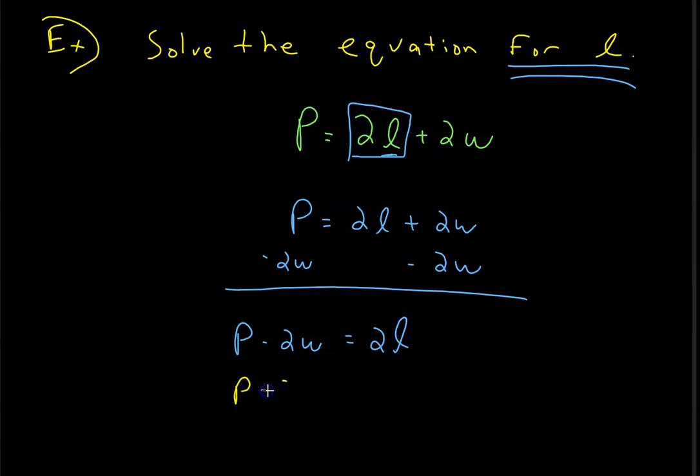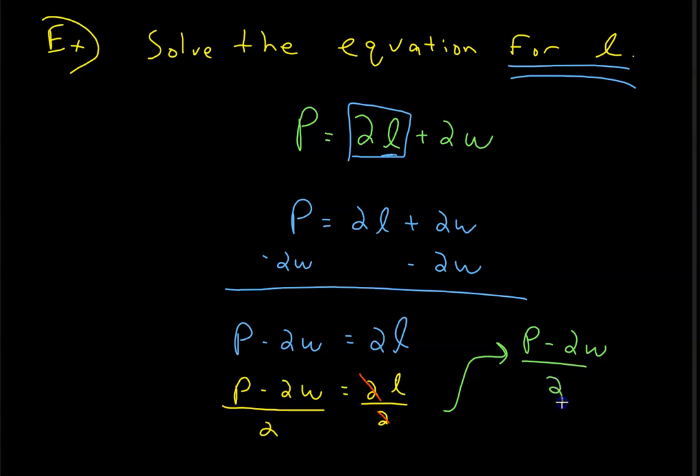So P subtract 2W equals 2L, and I don't want to keep this 2 there. So I'm going to divide both sides by 2, and that allows the 2's to cancel. And my final answer should be P subtract 2W over 2 equals L.